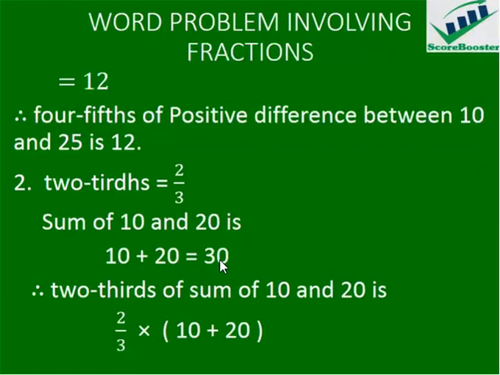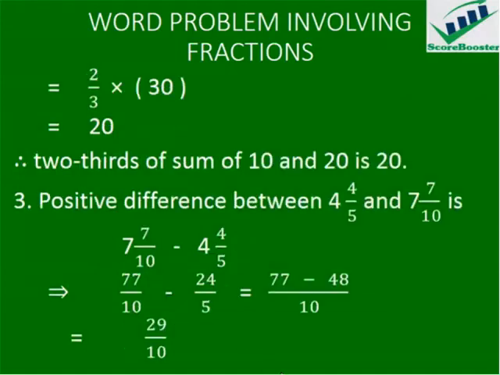30. Now we move to the question, then we write down the statement. The question says 2/3 of sum of 10 and 20. You know 2/3 of is what? Multiplication. Sum of 10 and 20 is what? 10 plus 20. And we already have the result for 10 plus 20 to be 30.